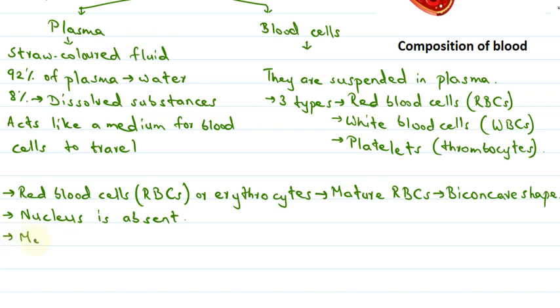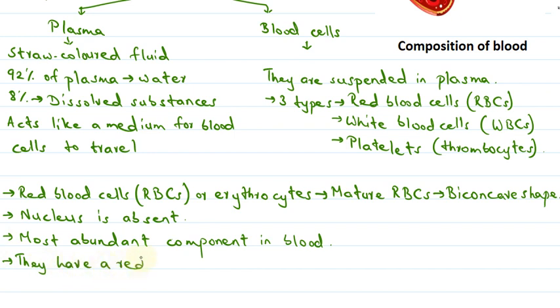Okay, so they are the most abundant component in blood. RBCs are the most abundant component of our blood and they contain a red colored pigment.